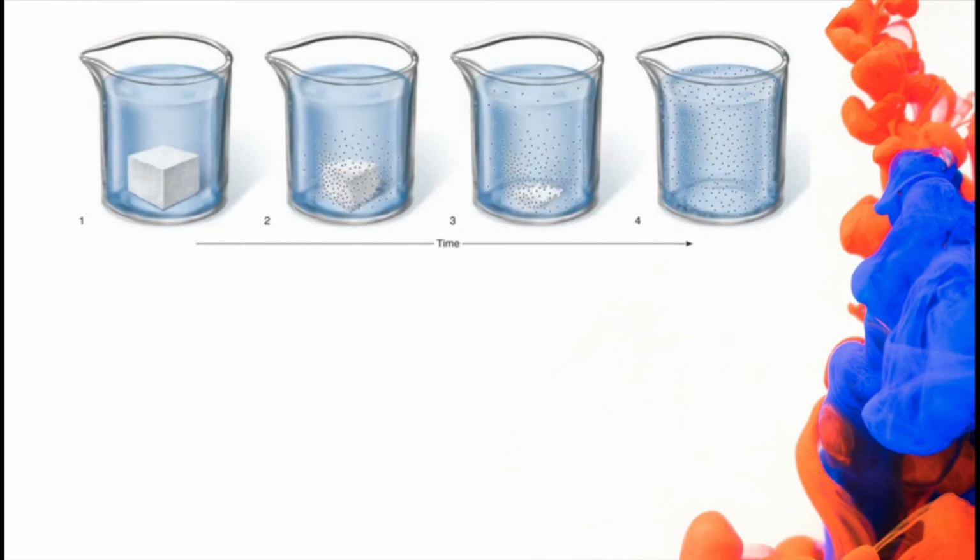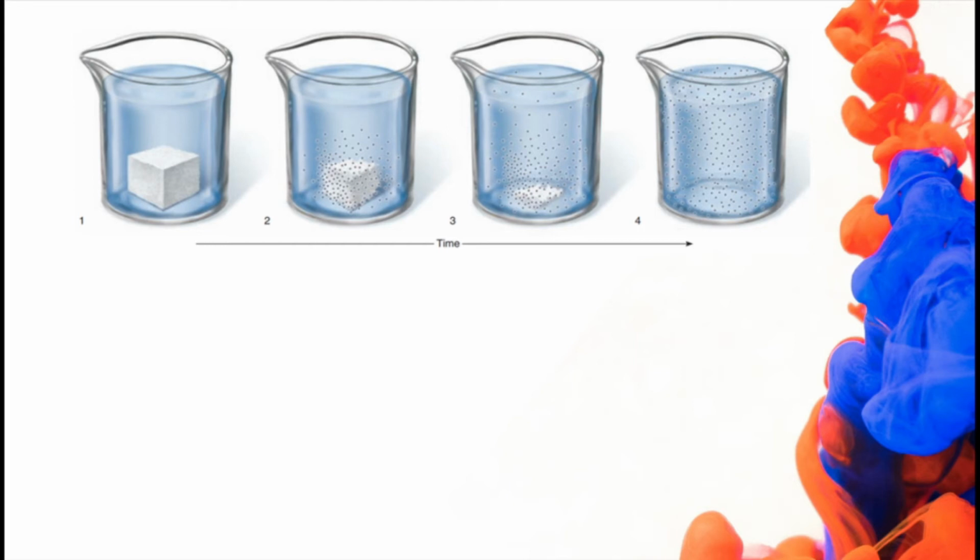Now, another example that best illustrates your diffusion is your sugar cube. The dissolving sugar cube, as you can see from image 1, image 2, image 3 to image 4.